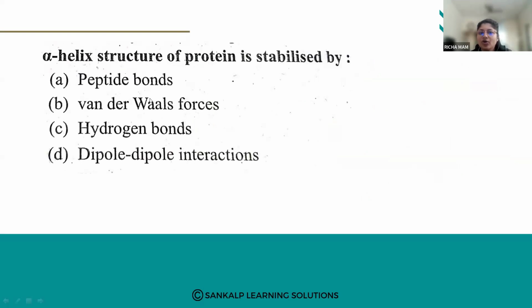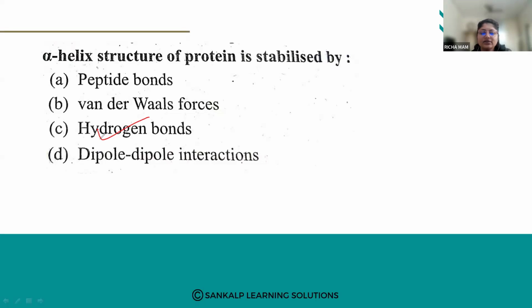Alpha helix structure of protein is stabilized by peptide bonds, van der Waals forces, hydrogen bonds, or dipole-dipole interactions? How is the alpha helix structure of protein stabilized? It is stabilized by hydrogen bonds.